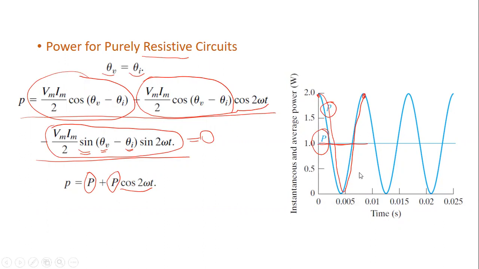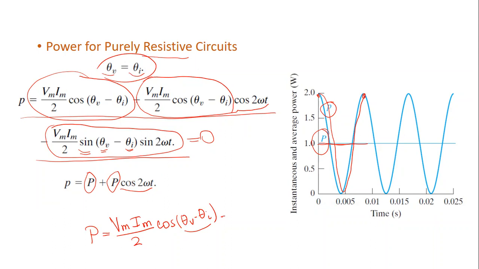So this sinusoid is the instantaneous power, and this straight line is the active power P. For any purely resistive circuit, the average power or active power will be V maximum I maximum divided by 2 cosine of theta V minus theta I. We know that theta V and theta I are equal because this is a resistive circuit, so the difference will be 0.